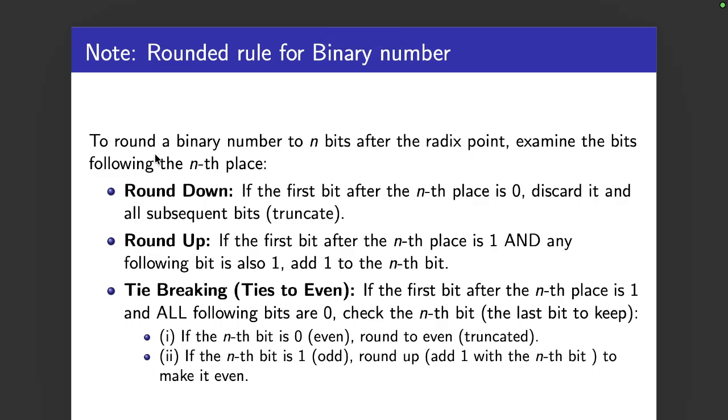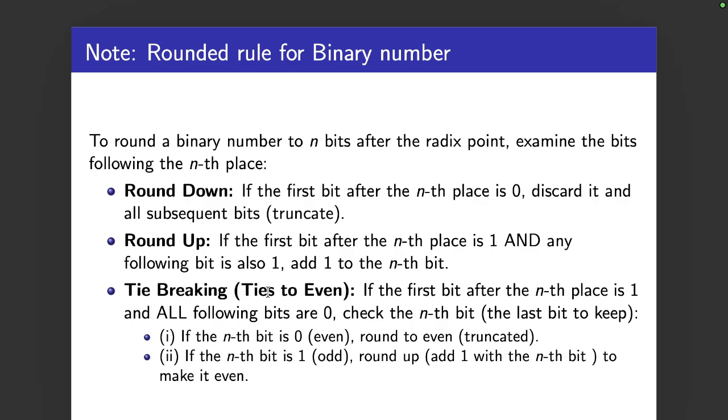The rounding rule: to round a binary number to n bits after the binary point, examine the bits following the nth place. Round down if the first bit after the nth place is 0: discard it and all subsequent bits. Round up if the first bit after the nth place is 1 and any following bit is also 1: add 1 to the nth bit.